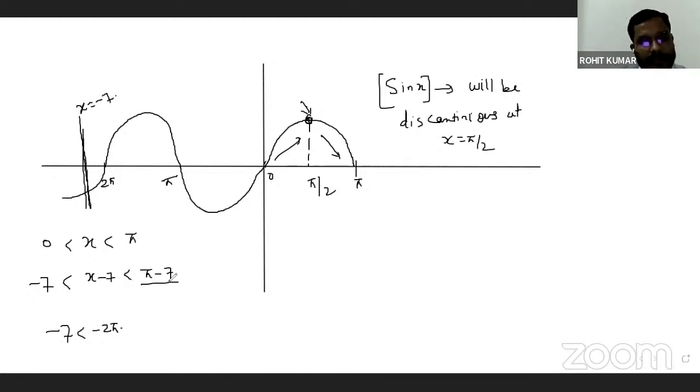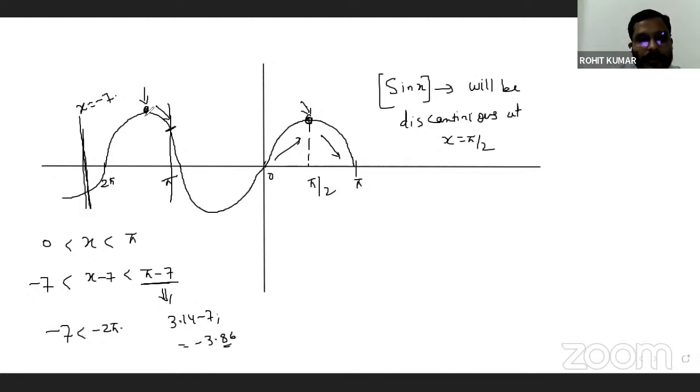And pi minus 7 is 3.14 minus 7, which is approximately minus 3.86, somewhere here. In between, as you can see, there is a point of discontinuity.